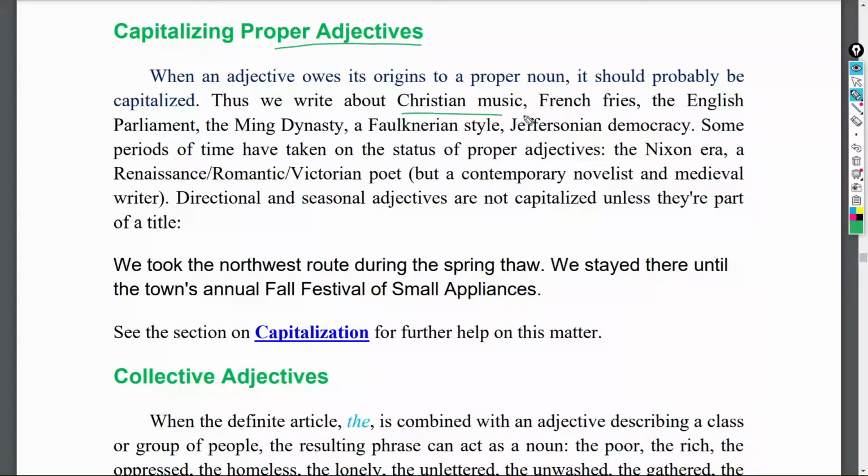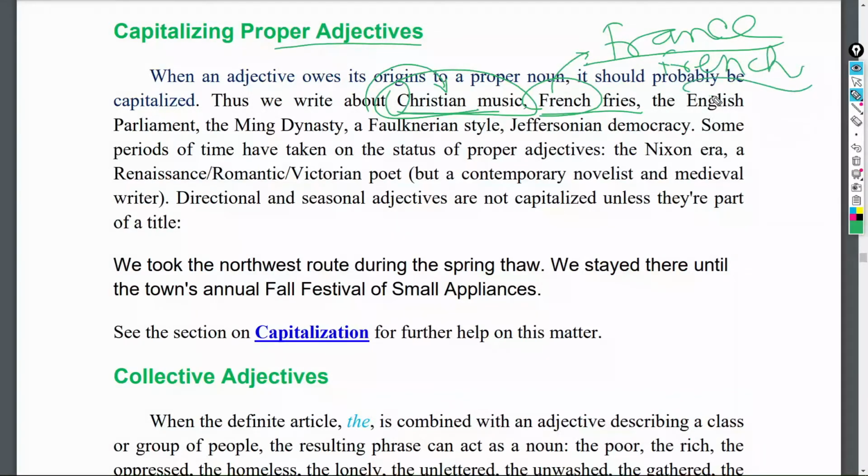Now, suppose Christian music. So this, okay, Christian, this is the proper adjective, and therefore C will be capital. Okay. French fries, French fries. So this is coming from France. This is the name of the country. From there, it becomes French.